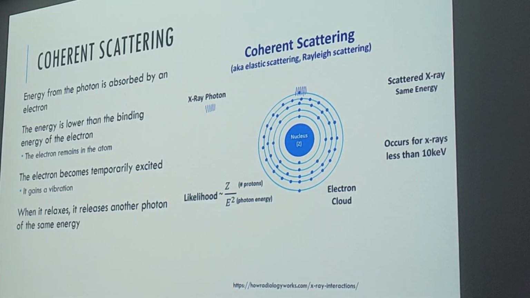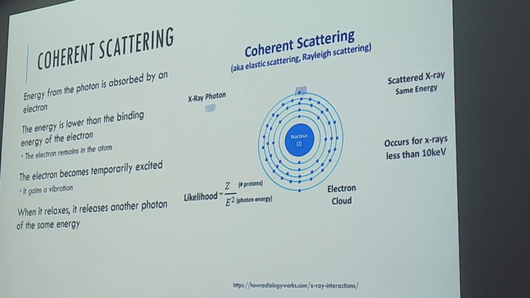Does the photon go in a different direction or the same direction? Probably a different direction. Coherent scattering is absorbed, remember?